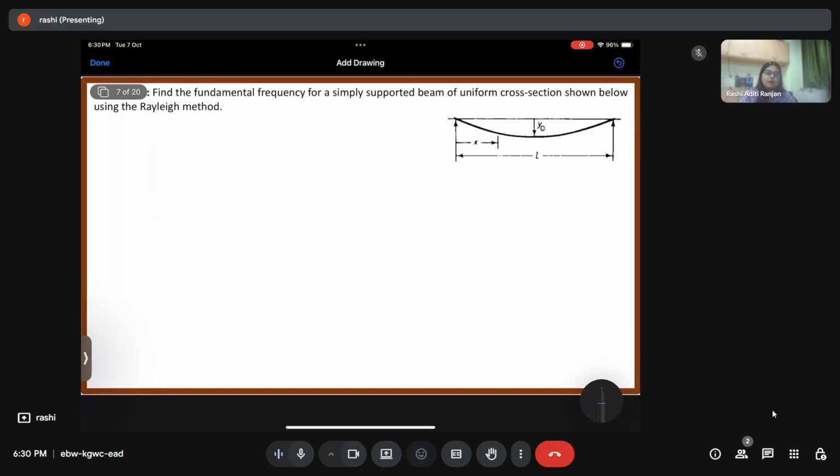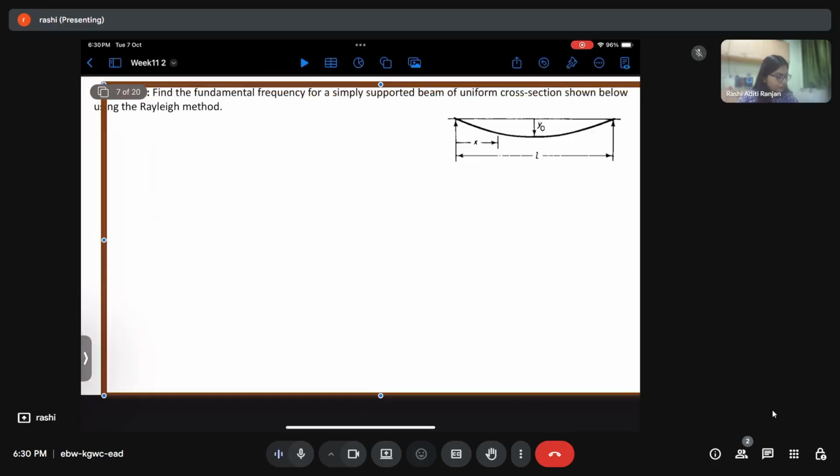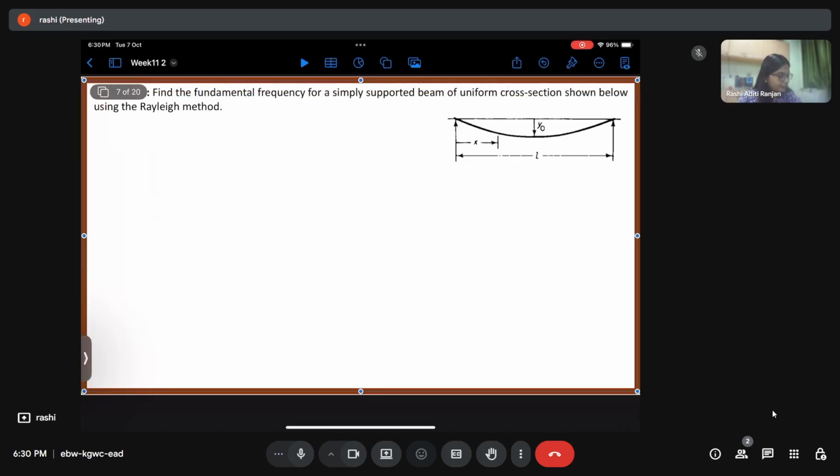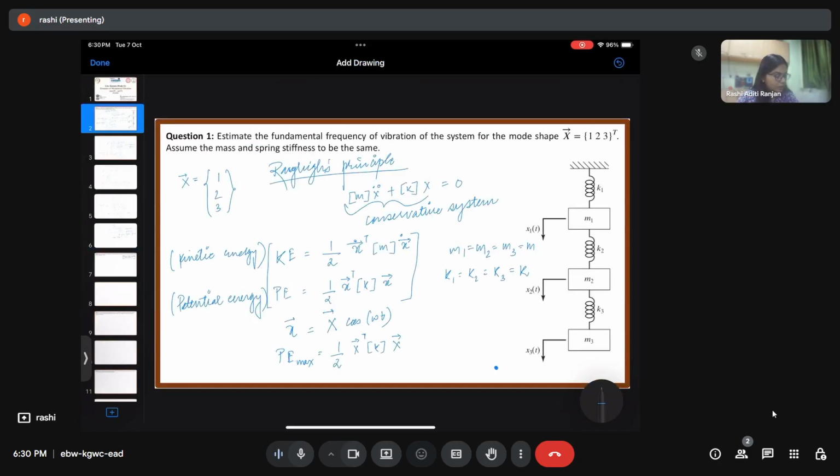Earlier, over here, we had a lumped system, right? Our masses and springs were lumped. Three masses and three springs were there.